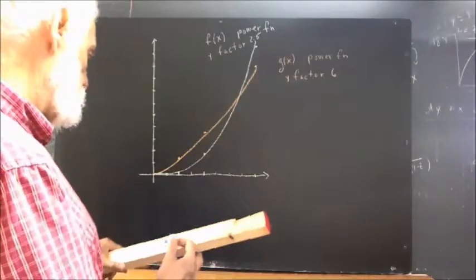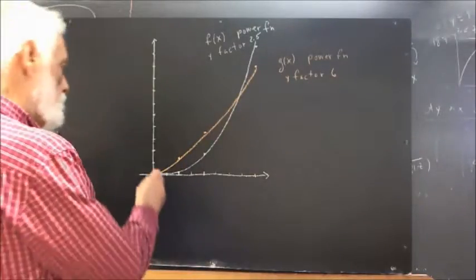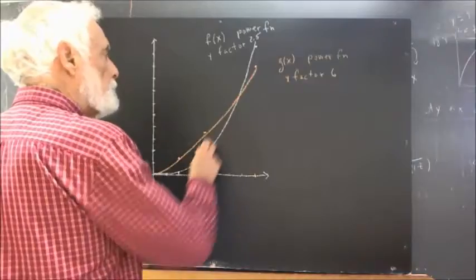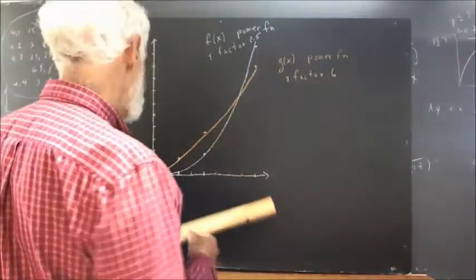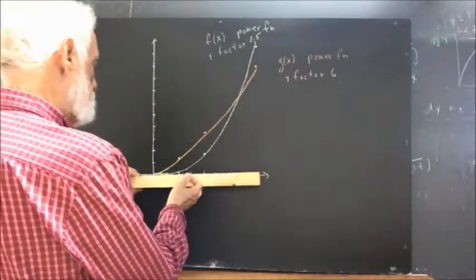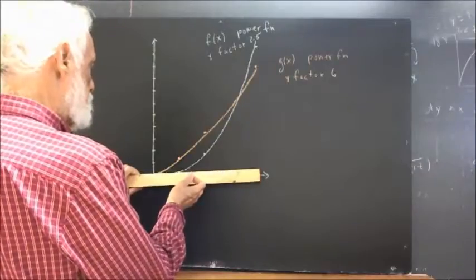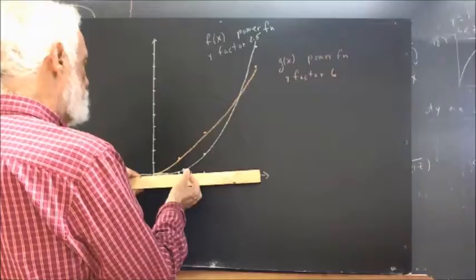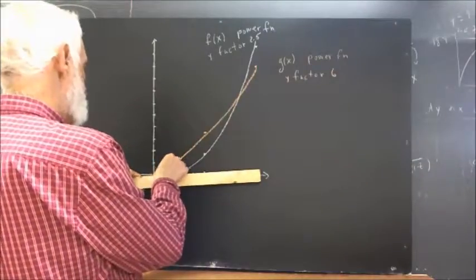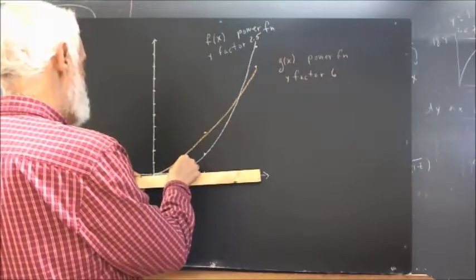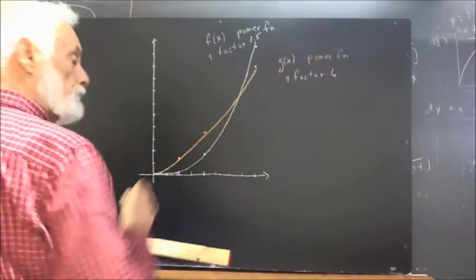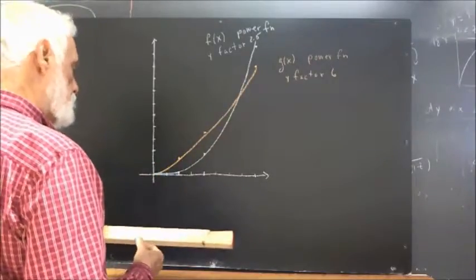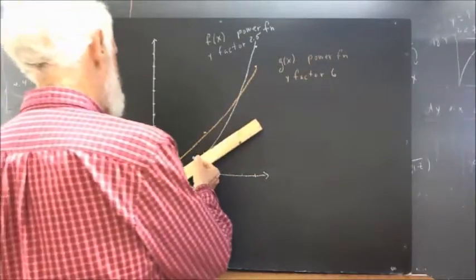The first thing I'm going to look at is just the slope between the pairs of points I used to construct these graphs. Okay, I can sketch a line segment between the first and second points of this graph. It's got some slope.